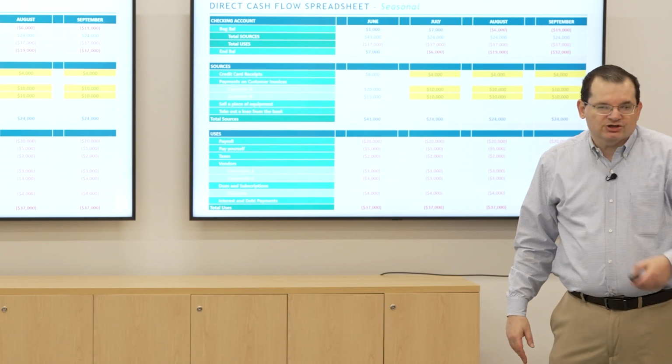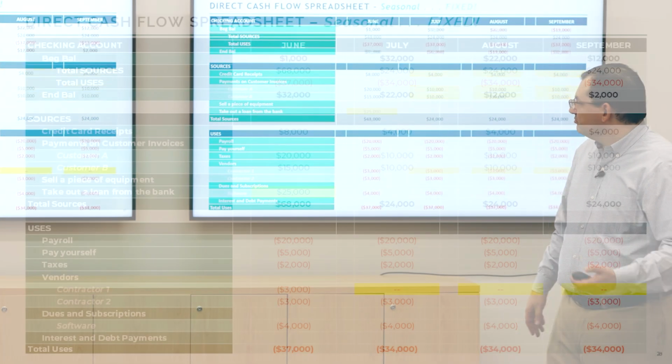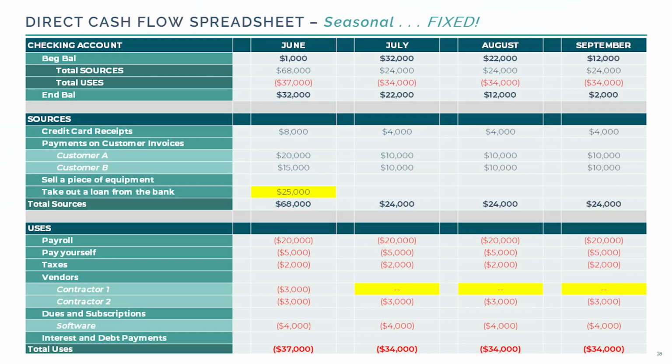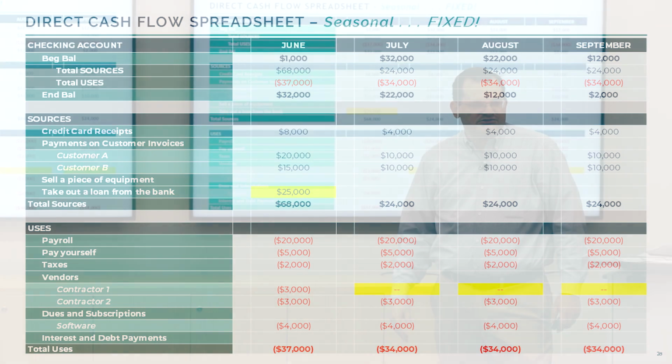So Joe mentioned, hey, line of credit. Yeah, we could totally do a $25,000 line of credit, and then maybe we'll make some adjustments on the expense side. We know that the summer's going to be slow, so we let one of our contractors go for 3 months.